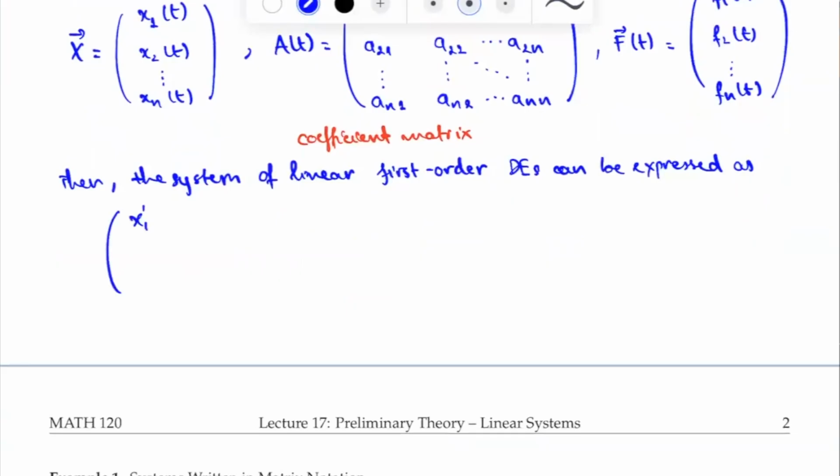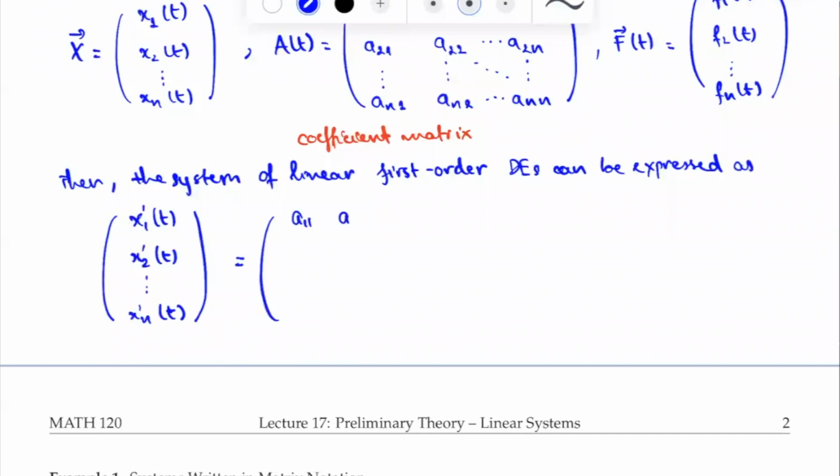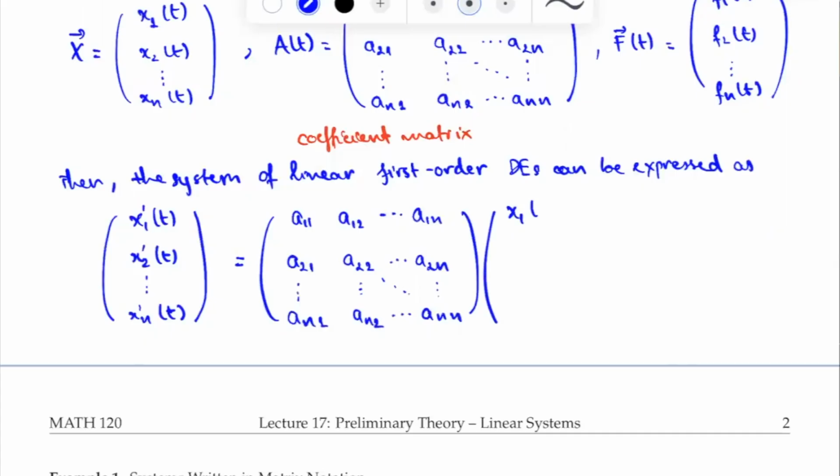so here x1 prime of t, x2 prime of t, down to xn prime of t, equal to the coefficient matrix A11, A12 up to A1n, A21, A22 up to A2n, and then An1, An2, up to Ann, multiplied with x1(t), x2(t), down to xn(t), plus the external force F1(t), F2(t), Fn(t).